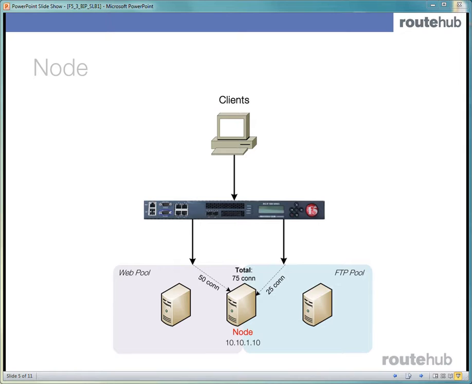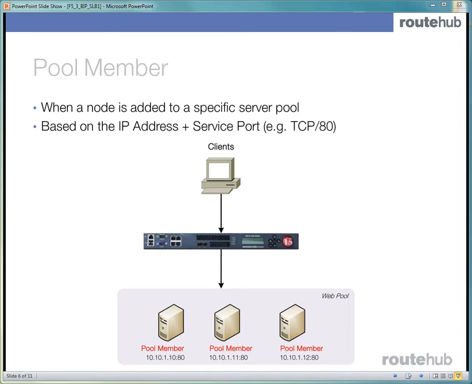This is something that we will strongly consider and set up in our environment when it comes to the different load balancing methods. A pool member is simply a node that is added to a pool. There, it will be based on the IP address and the service port it is configured for. So for example, a server can be added to a server pool for HTTP requests only.